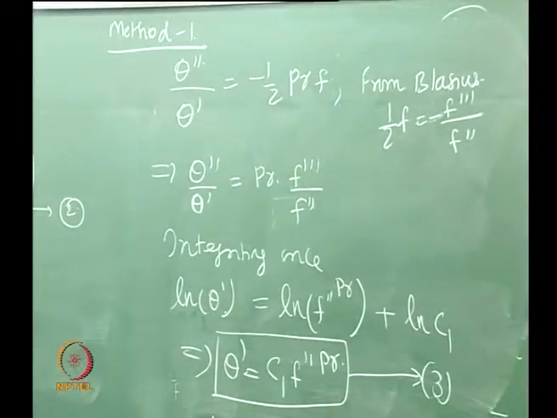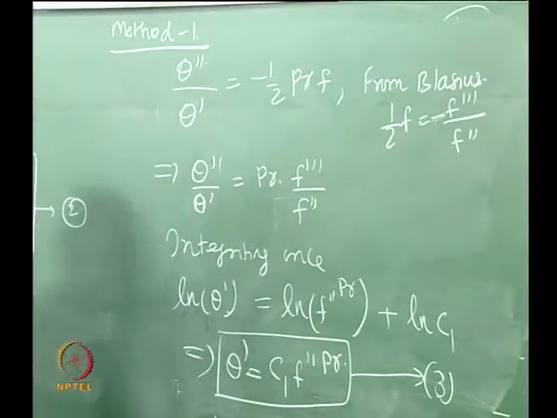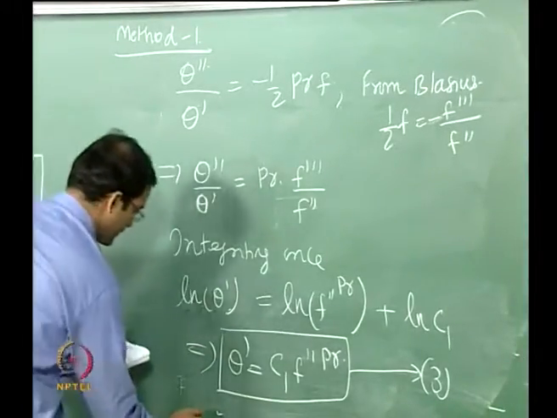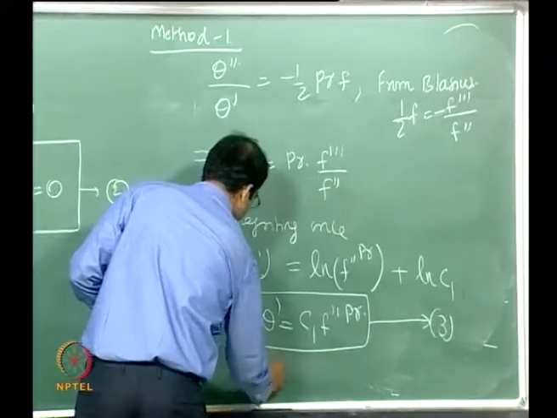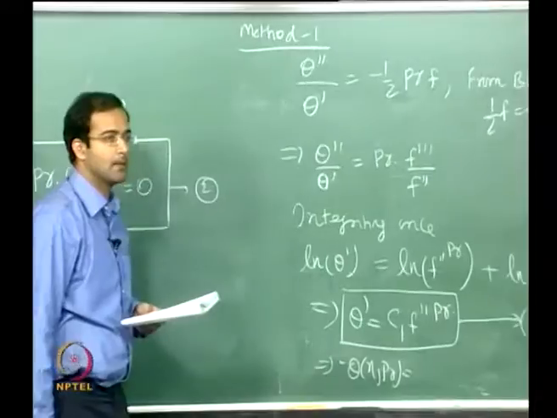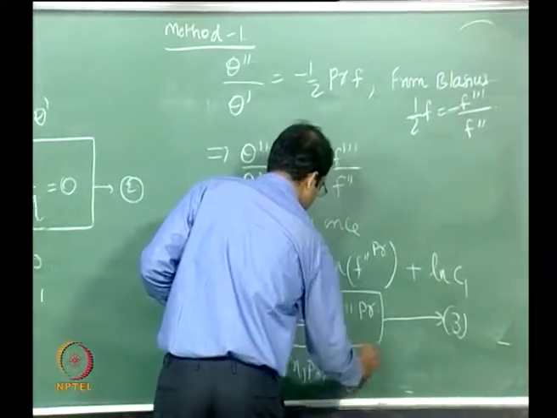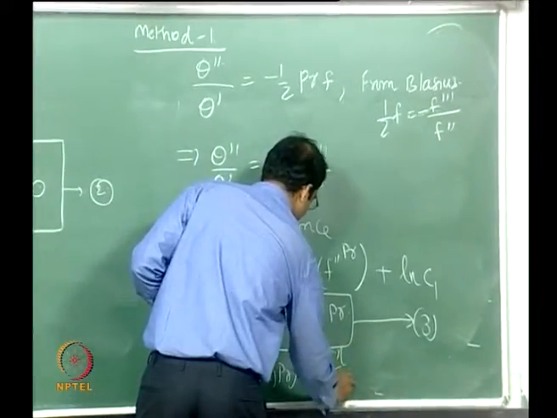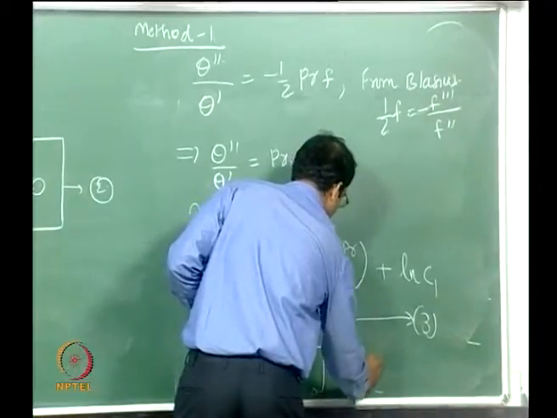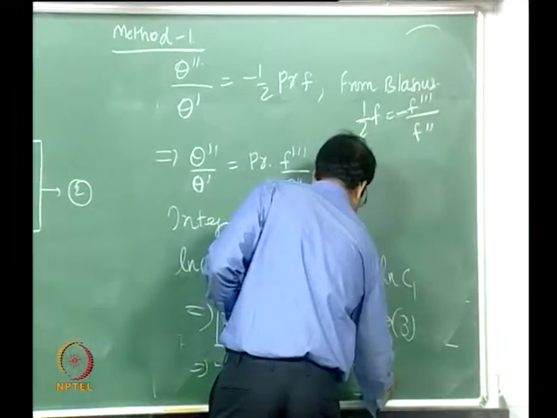So if I integrate once, I get this solution where this constant is not known. If I integrate it once more, I will get theta as a function of eta and Pr. What should be on the right hand side? I integrate from 0 to some value of eta, c1 f double prime power Pr d eta, plus some c2.